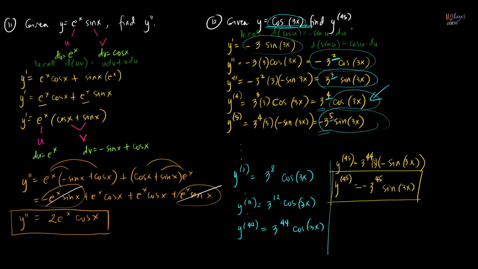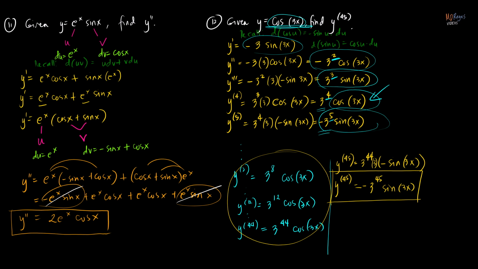Because looking at the first 5 derivatives of the function, we have already seen a pattern here, that every after 4 differentiation processes, we'll always have this. And so the last multiple of 4, because we have the cycle of 4 here in the pattern, the last multiple of 4 before 45 is 44.